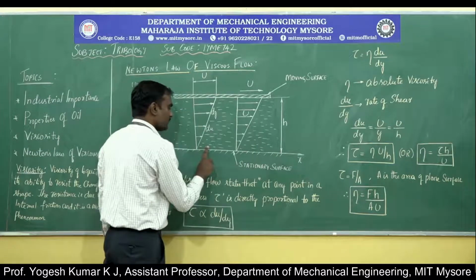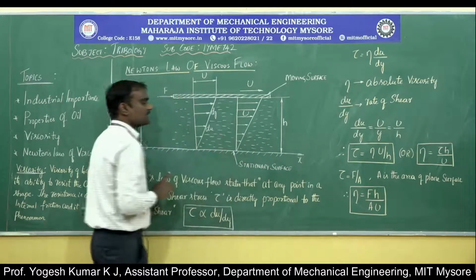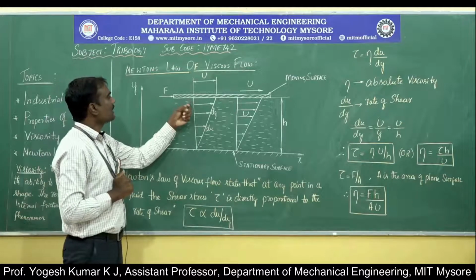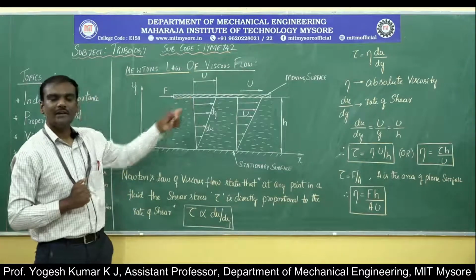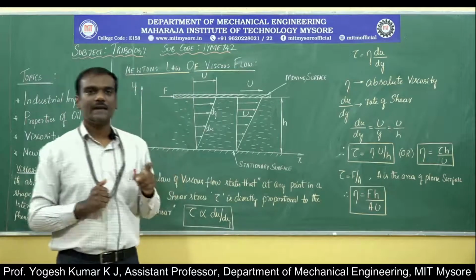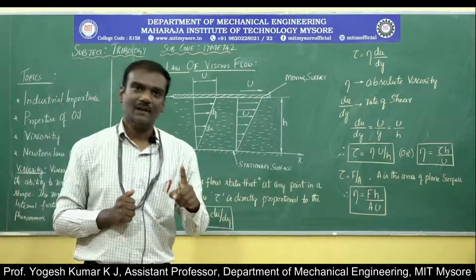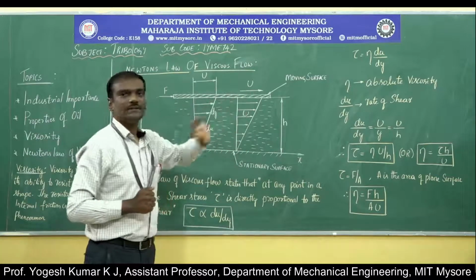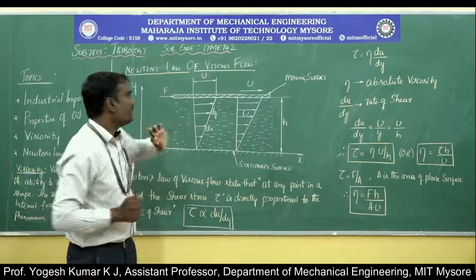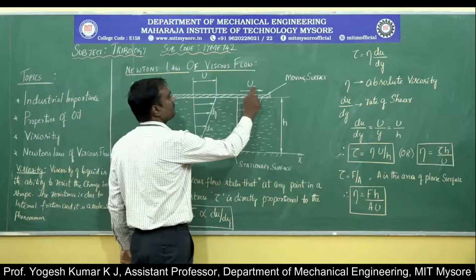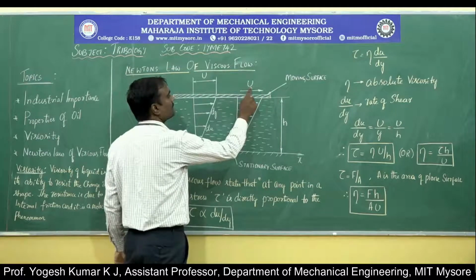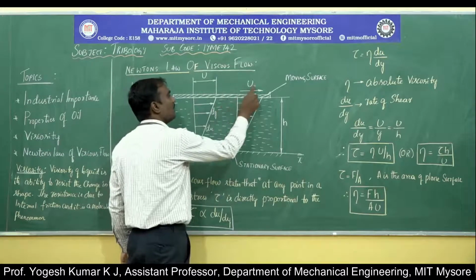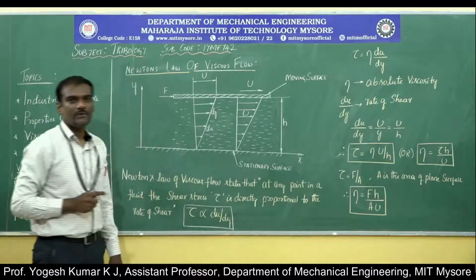Whereas the lubricant adhering to the moving surface will have a velocity equal to that of the moving surface. That is, if the moving surface is moving with a velocity u, the fluid adhered to it will also have a velocity of u.